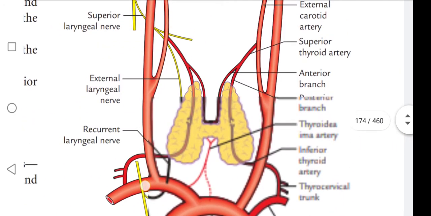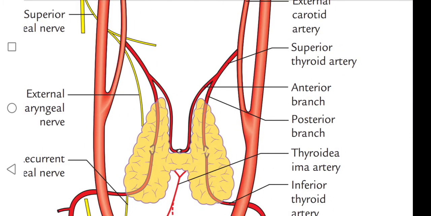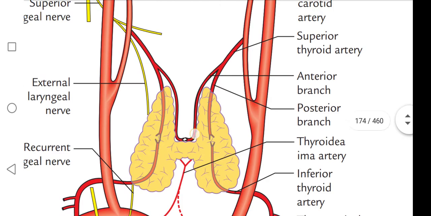If you observe here, this is the anterior border. It is related to the anterior branch of the superior thyroid artery.